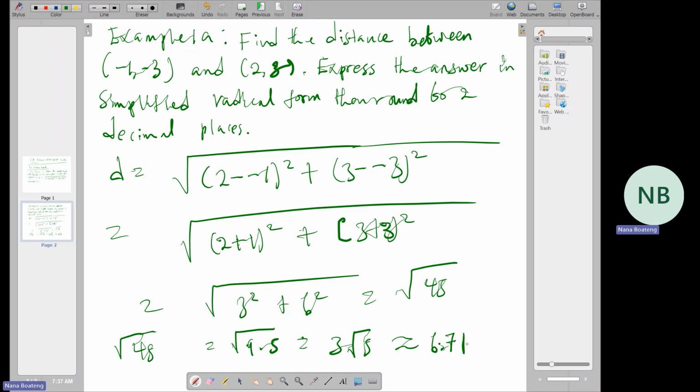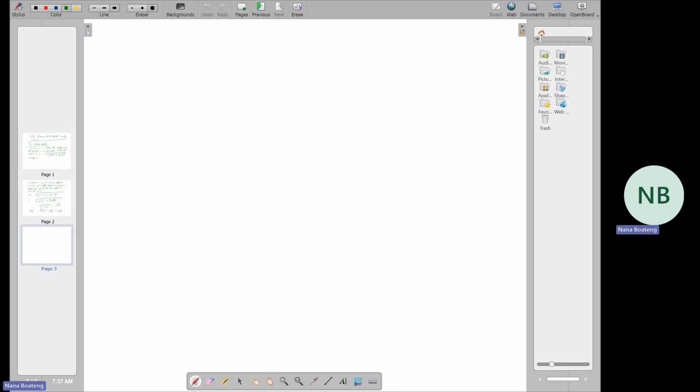Let's look at another example on finding the distance, example 1b.